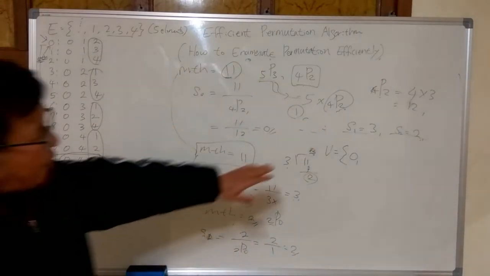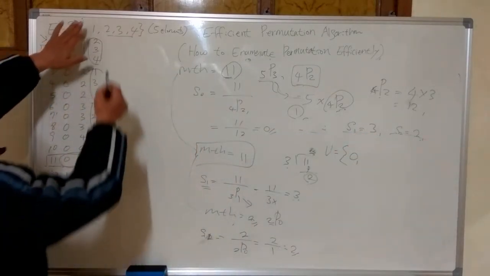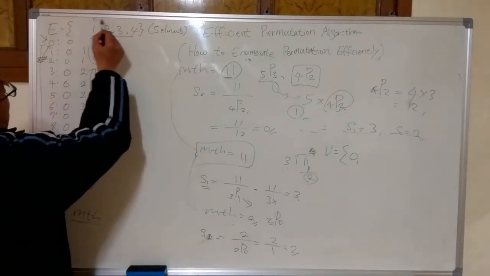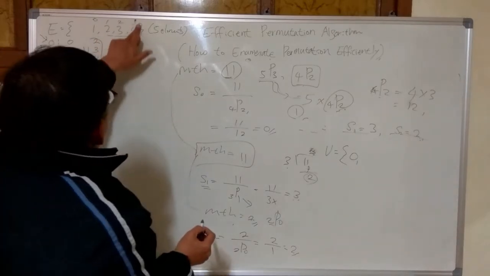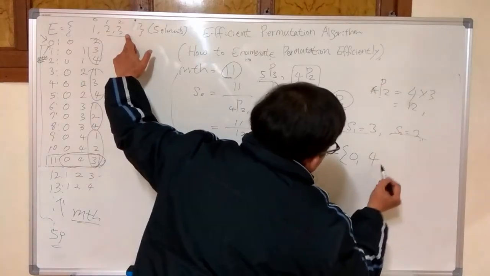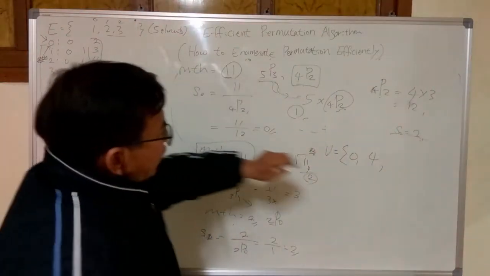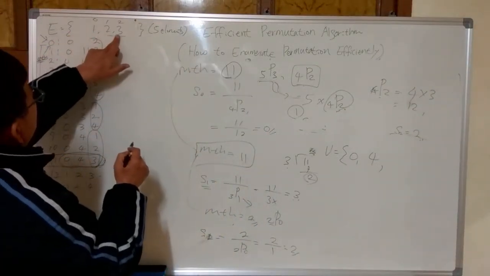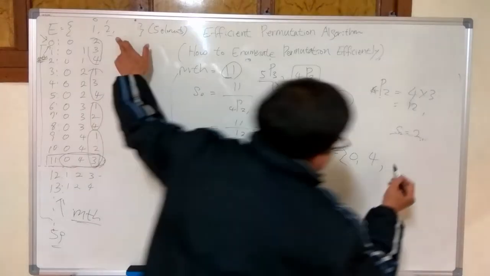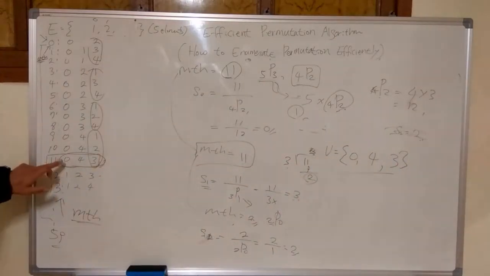Okay. Now the number is 3. Then we erase 0, 1, 2, 3. Then we select this number 4. Okay. So we delete it. Now we have number 2. 0, 1, 2. We have 3. This is the number we are seeking for. 0, 4, 3.